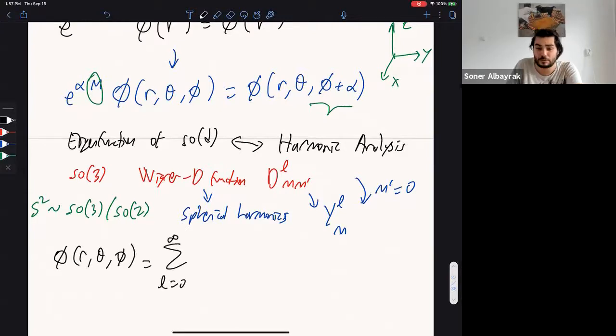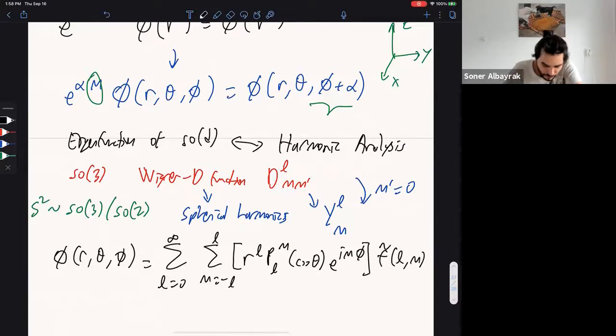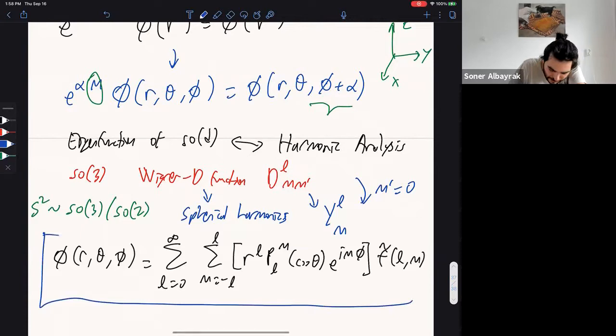I'm expanding in terms of spherical harmonics, basically. This is the same thing as doing a Fourier transformation for translation. R to the L, P_L^M of cosine theta, e to the i M phi, times some Fourier coefficients a_LM. Okay. So this is my general expansion.